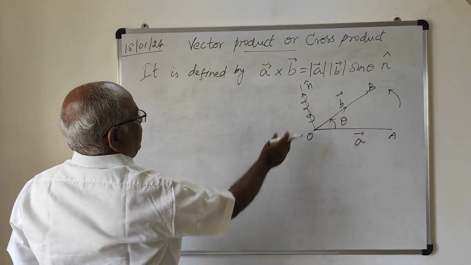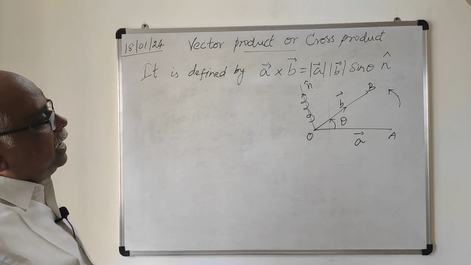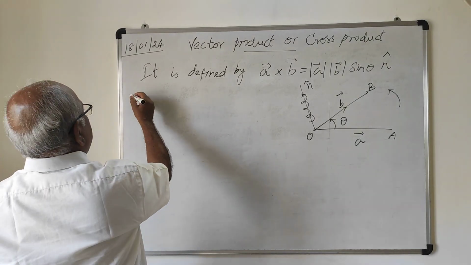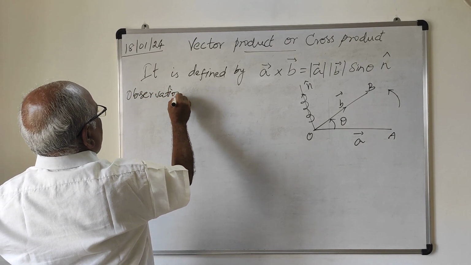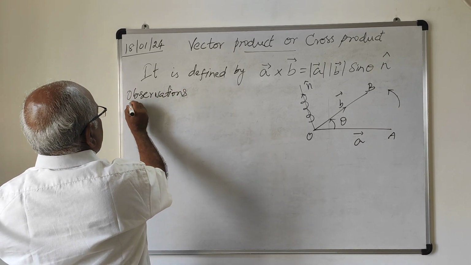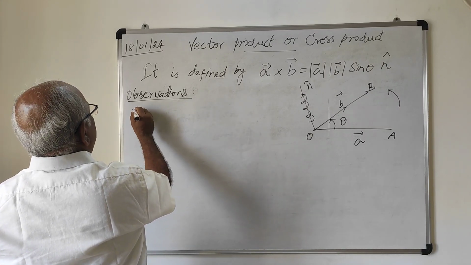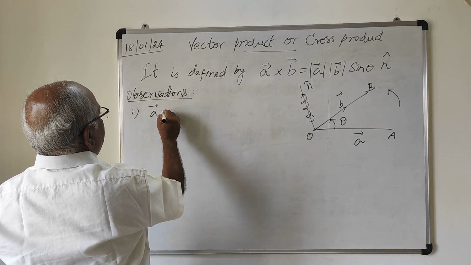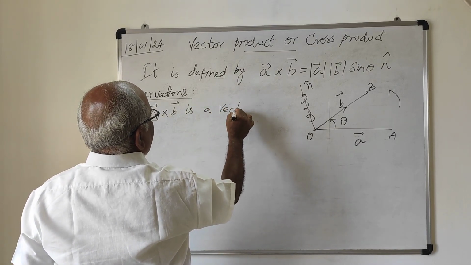Theta is the angle between the vectors A and B. From this idea, some observations are there. Observations. One, A cross B is a vector quantity.